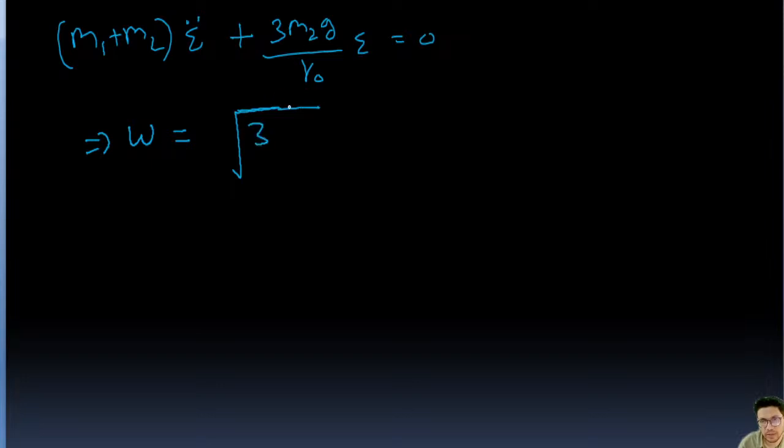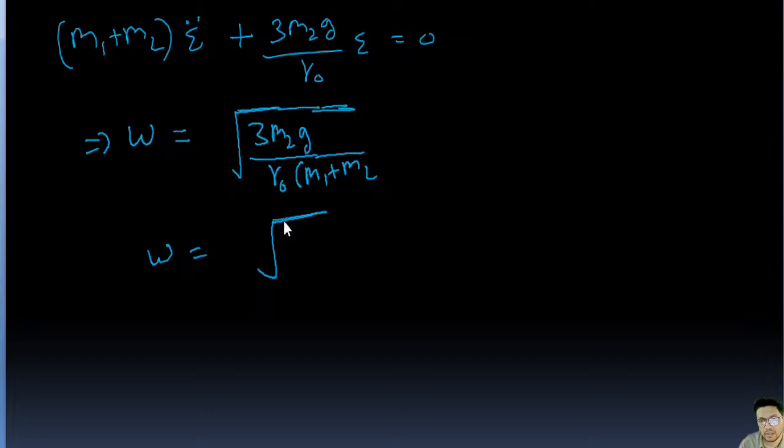This is the answer, guys: omega is root of 3m2g upon r naught into m1 plus m2.